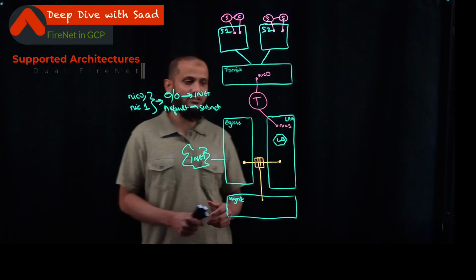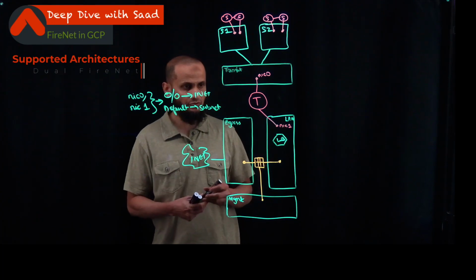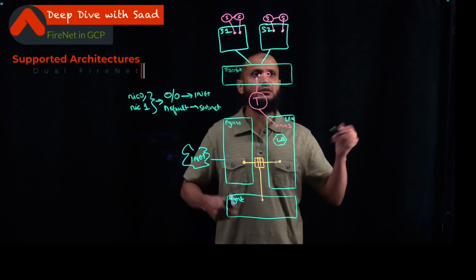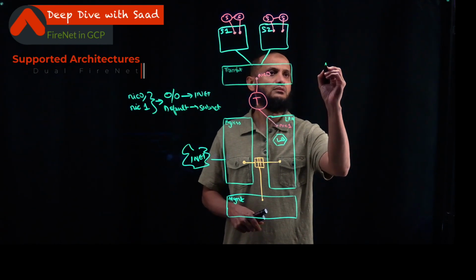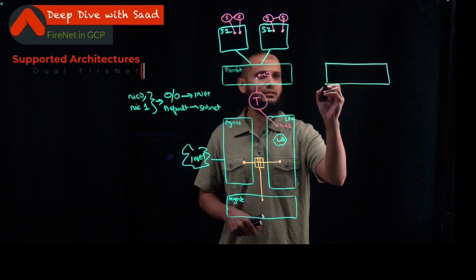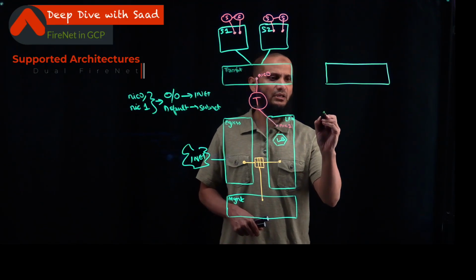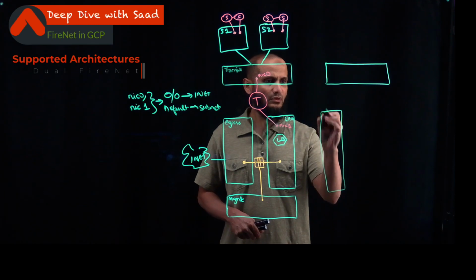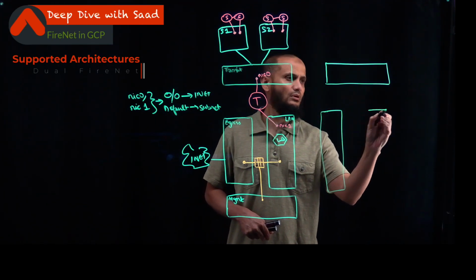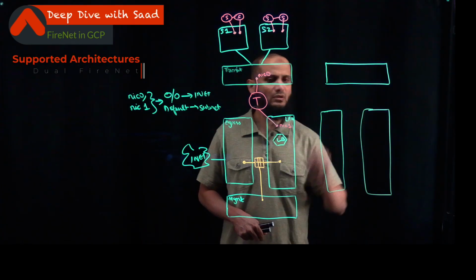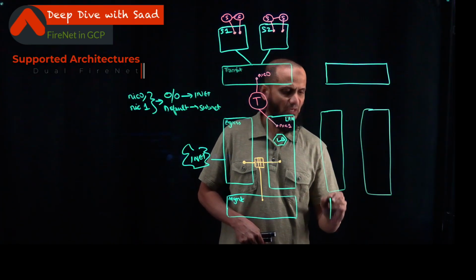So the architecture is going to look similar to the one that I'm going to draw right now. So you are going to have another transit like this. Similarly, you will have and a management.